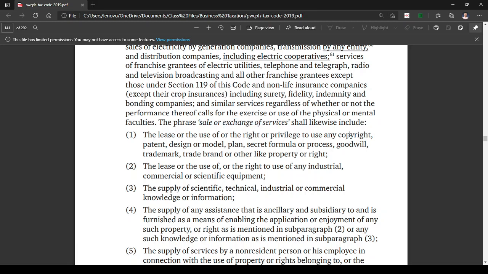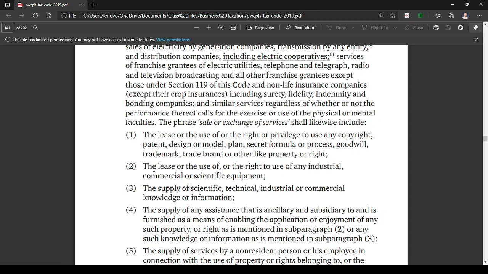So kung meron man tayong, let's say, copyright na na-i-register, patent man yan na na-i-register, design or model na na-i-register, plan, secret formula na na-i-register, goodwill, trademark, or trade, basta kahit ano na na-i-register natin na meron tayong right na tayo lang yung gumamit. So let's say pinarentahan natin yung right ng paggamit ng mga right na yon, ng mga copyright and others na yon, that is under sa sale or exchange of services.